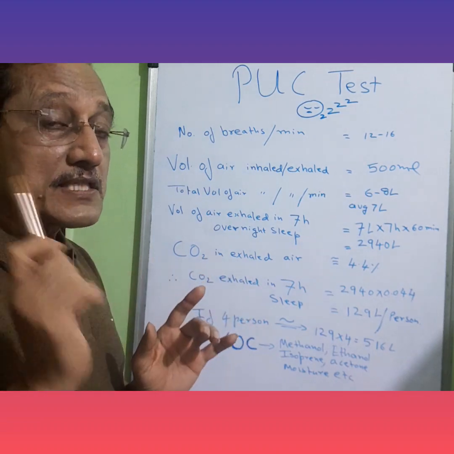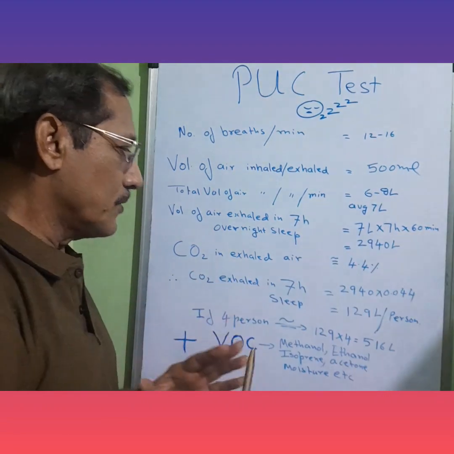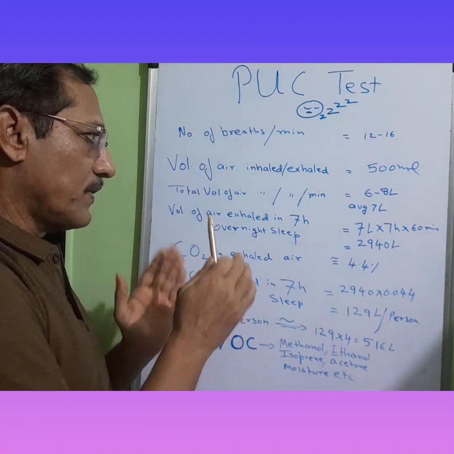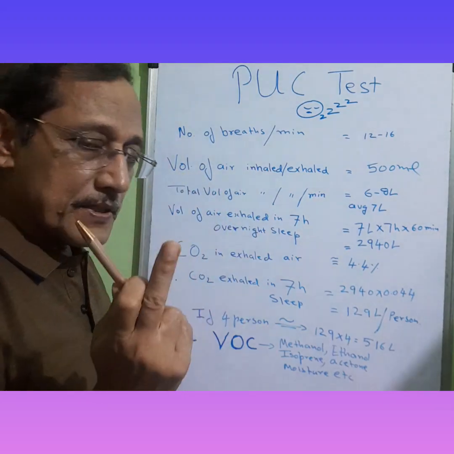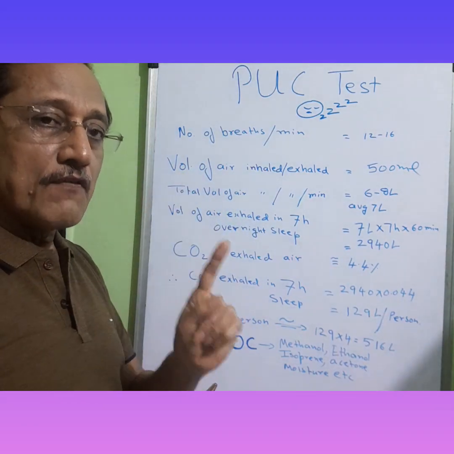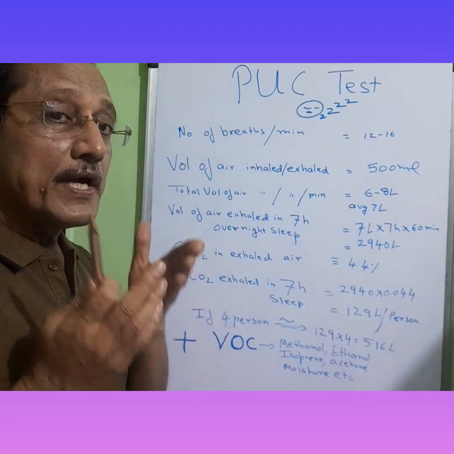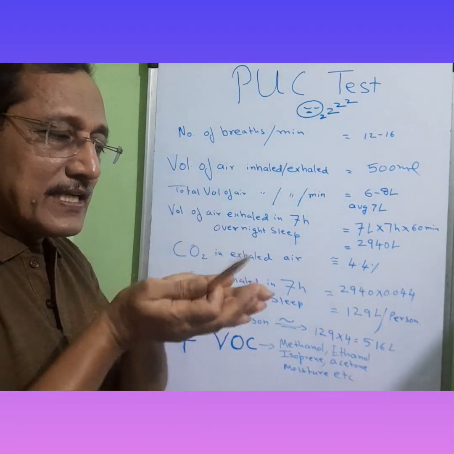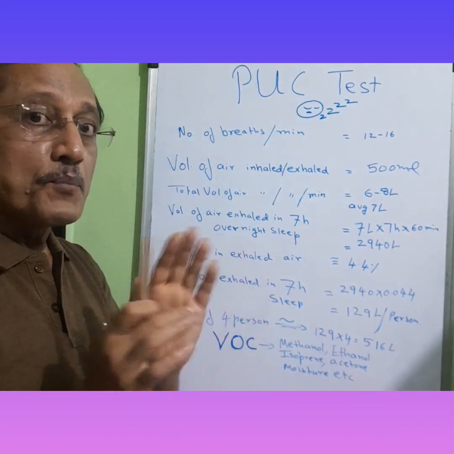That's the volume of air that we are exhaling throughout the night during a sleep of 7 hours. So we reached this value: the volume of air exhaled by a person in a 7-hour overnight sleep. Now let's go ahead with carbon dioxide, because that is our area, our zone of pollution.